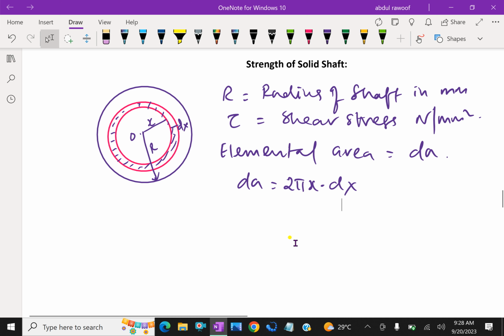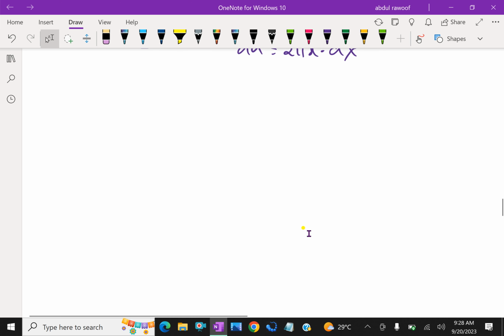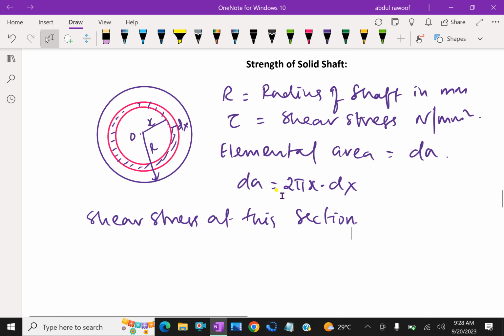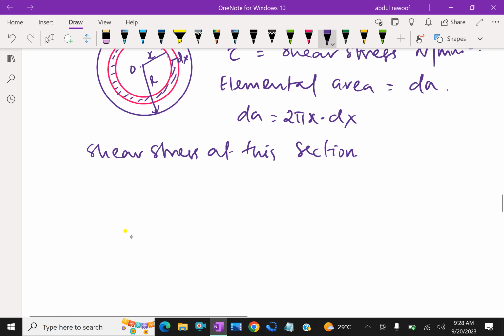Now the shear stress at this section, let it be tau x, equals tau into x by r.